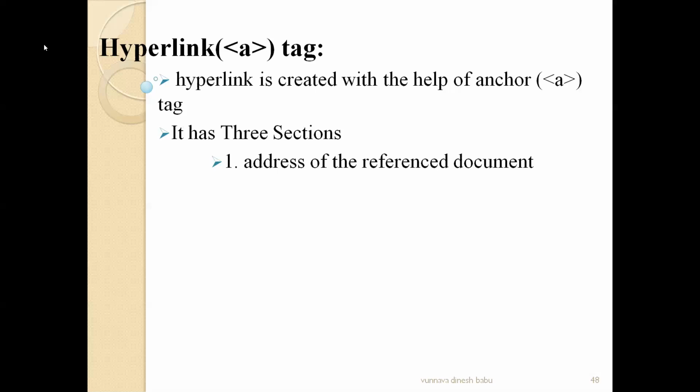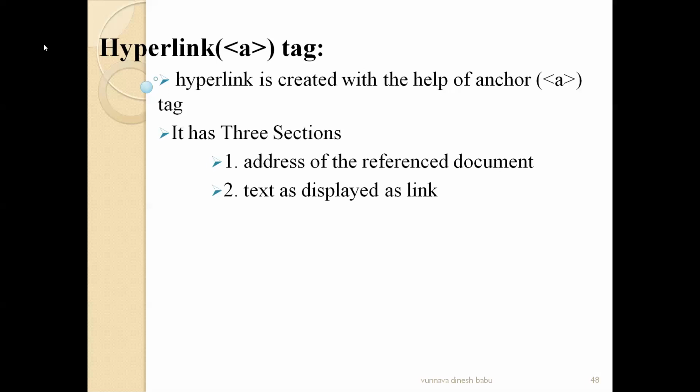Here the anchor tag has an attribute called href, and for that href we have to provide the address of the referenced document. You may understand or may not understand, not a problem. I will show it while writing the program. If time permits, I will show an example regarding these links in the same session.